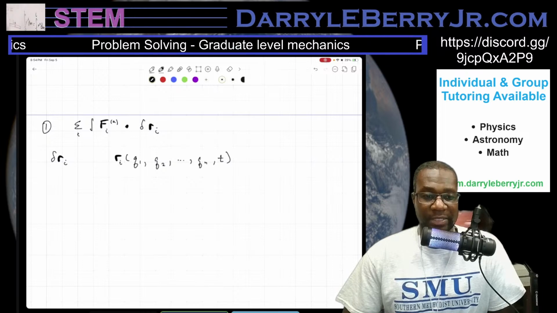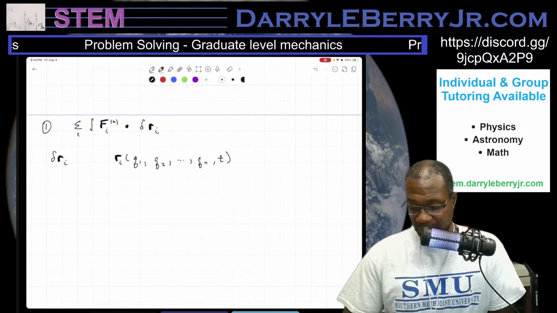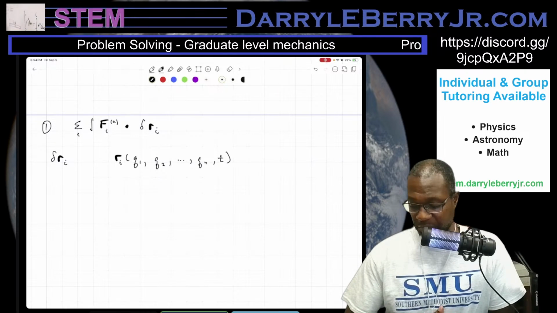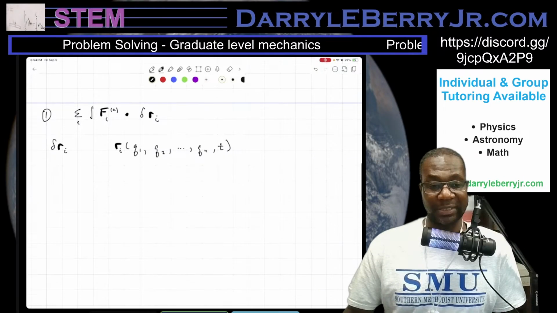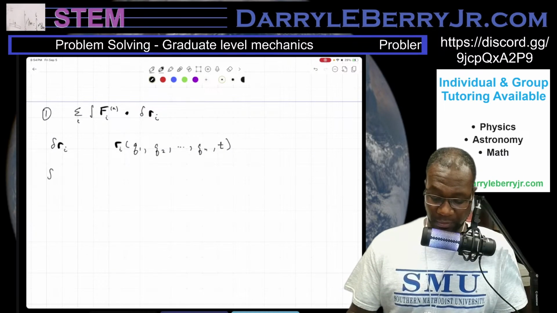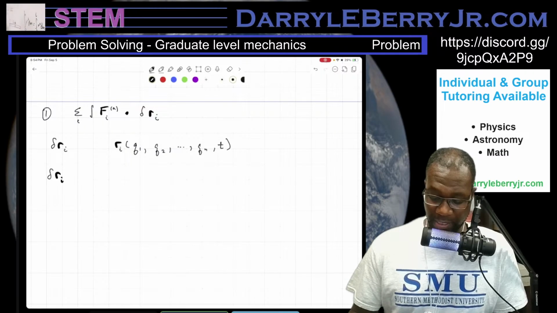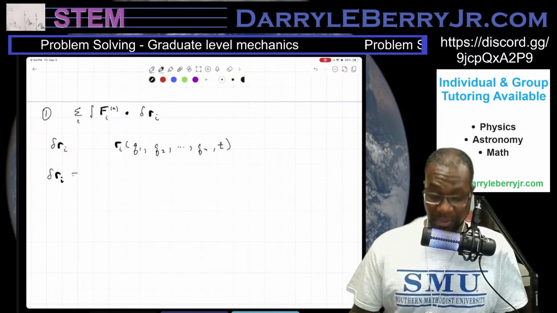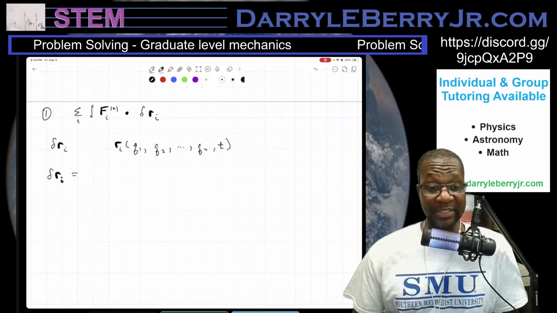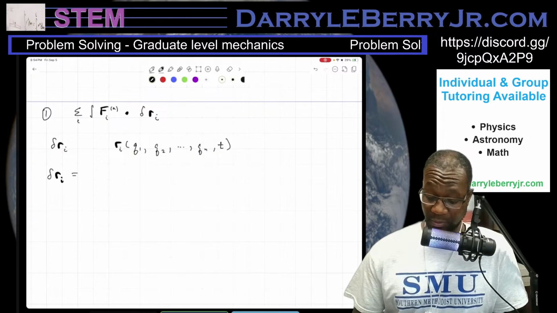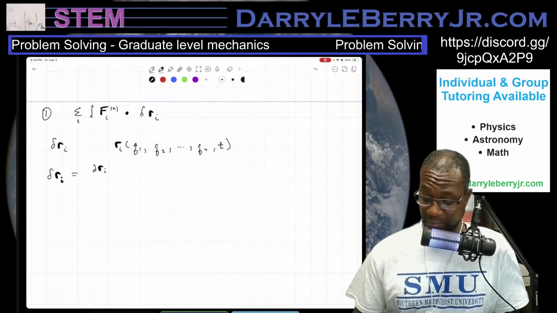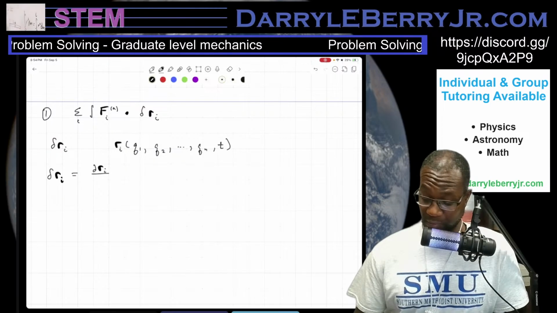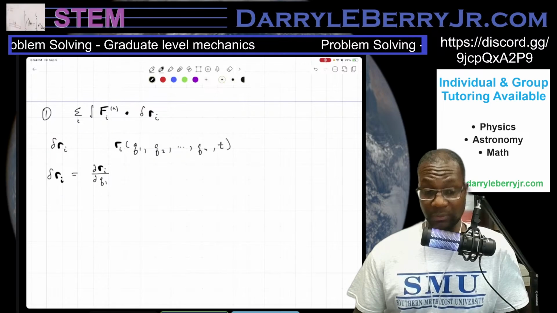What we can do is extrapolate the derivative of this r, and it'll look something like this. r_i equals, so this is basically a chain rule. We have partial derivative of r_i over partial q1.